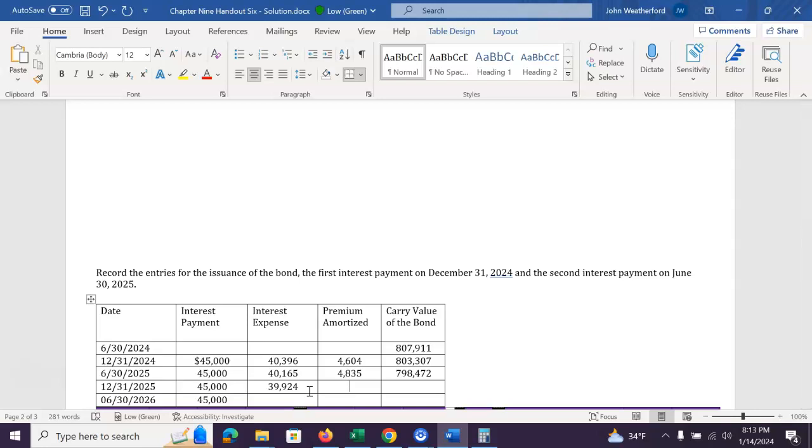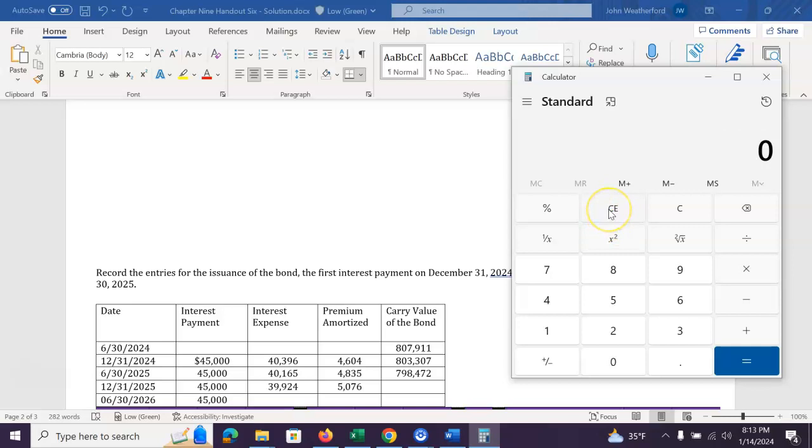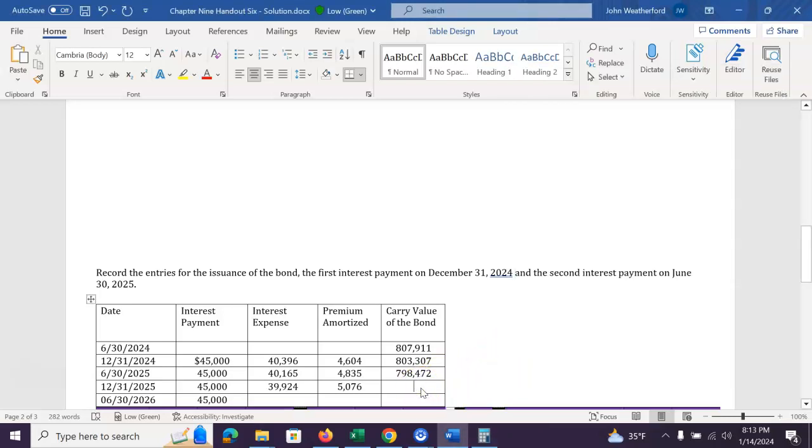So 5,076, which will be deducted from the 798,472. We end up with a carrying amount here of $793,396.